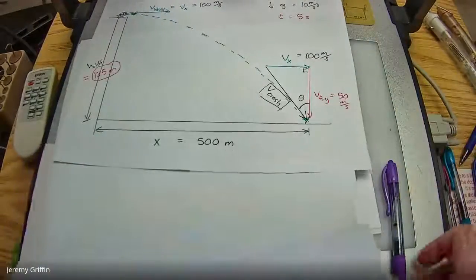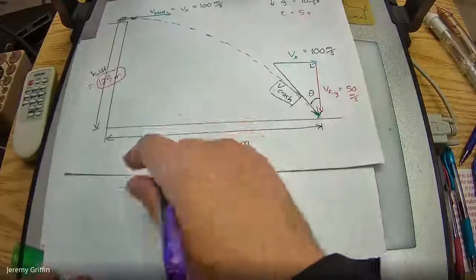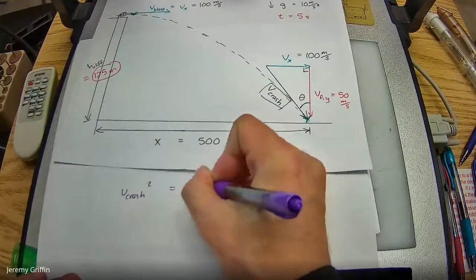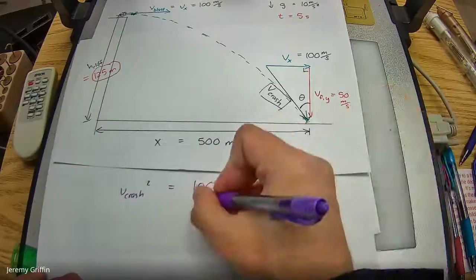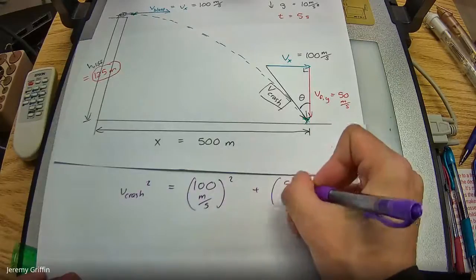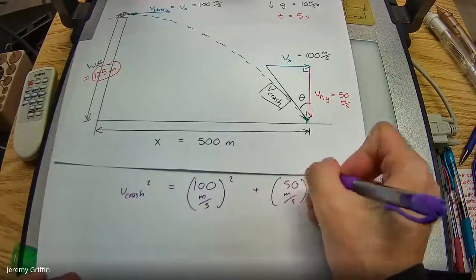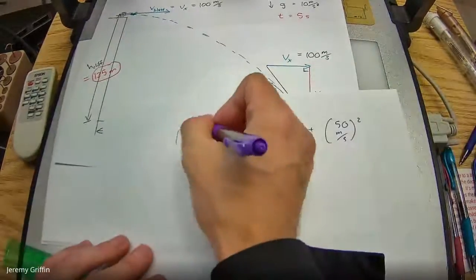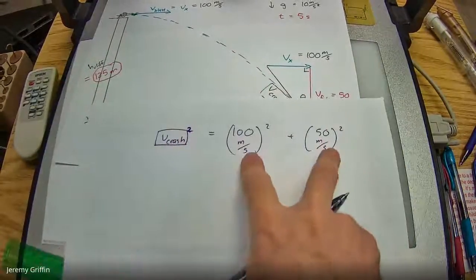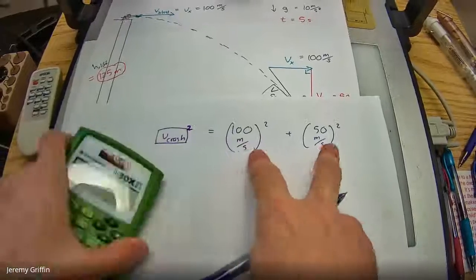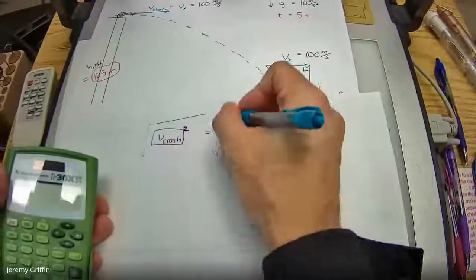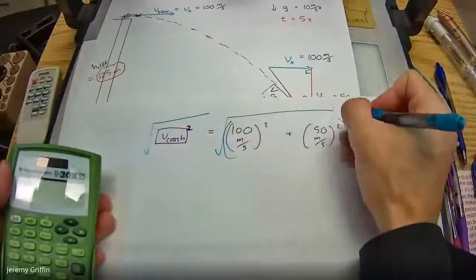Pythagorean theorem time. So I'm going to go V crash squared is equal to, well, Vx squared plus Vy squared, so that works out like this number squared plus this number squared. So can I add those together, take the square root? Okay. So square root, all this stuff.